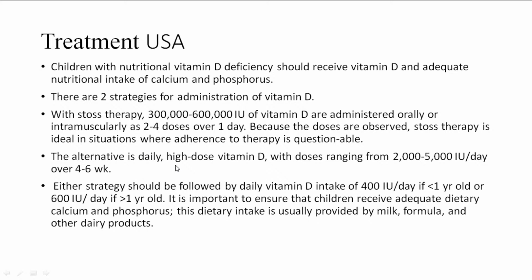The alternative is daily high dose vitamin D, with doses ranging from 2000 to 5000 international units per day for 6 weeks. Either strategy should be followed by daily vitamin D intake. For the United States, the prophylactic dose is 400.